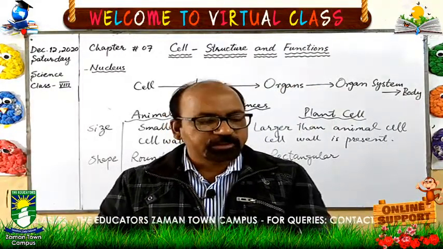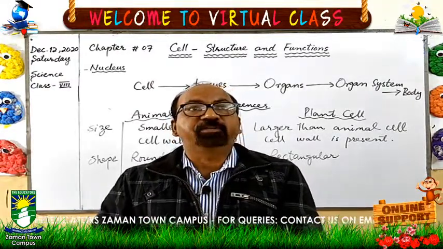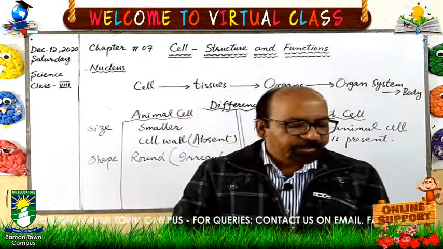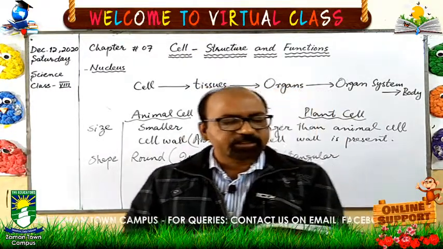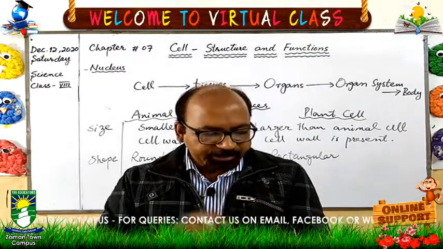Now come towards assessment 1, which is at page number 96. These are the multiple choice questions. Assessment 1, A part and B part, these two parts you will do as homework.